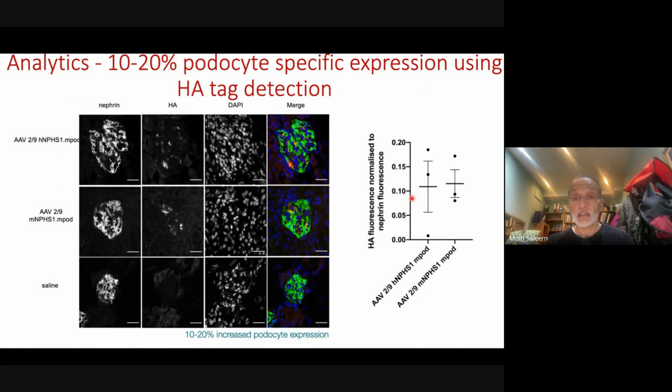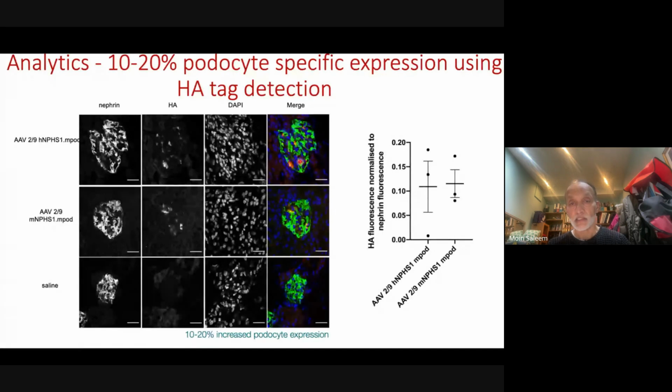And then we wanted to ask the question, how many of our podocytes are expressing the gene, or expressing Purespring, in this model? What you can see here is that the green is a tag for the podocytes, and the red is where we've got that HA tag, where you can see our expressed protein from the virus.